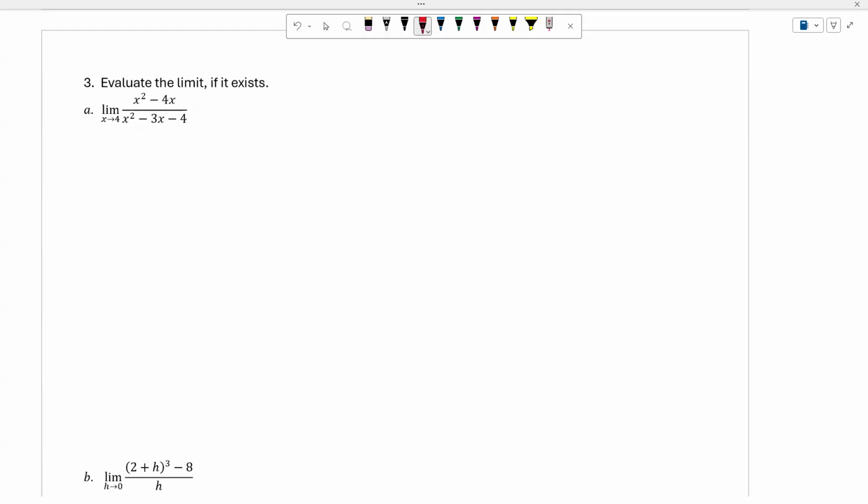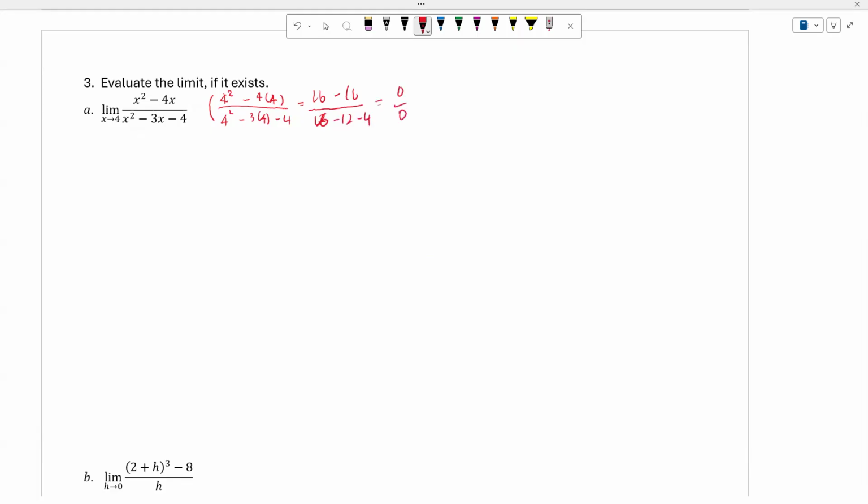Then let's see how we work out this problem. Most of the time, when I work with this type of problem, I like to use direct substitution to see if we have an indeterminate form. So I have 16 minus 16 divided by 16 minus 12 minus 4.